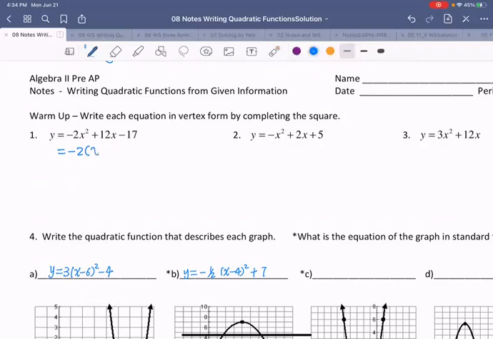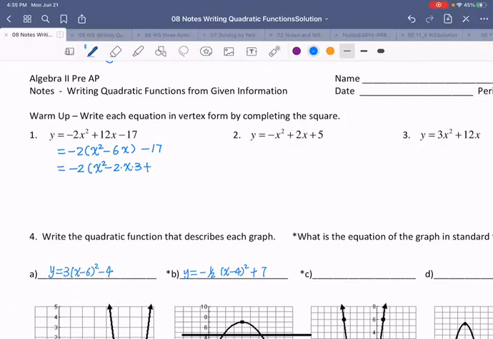I mean negative 6x. Thank you. And then we close the parentheses, and then we minus 17. Second step, we do -2 here, and then we do x squared minus 2 times x times 3, okay?